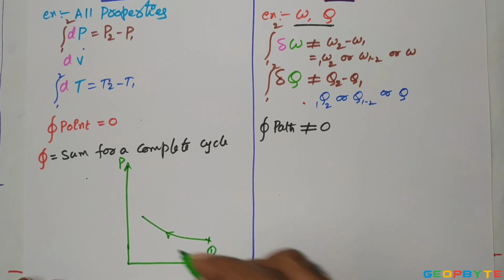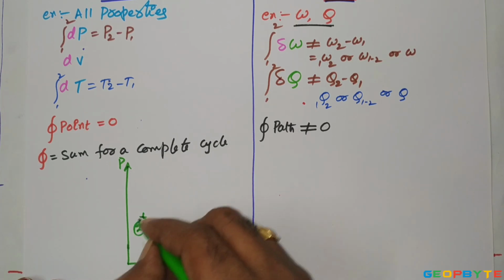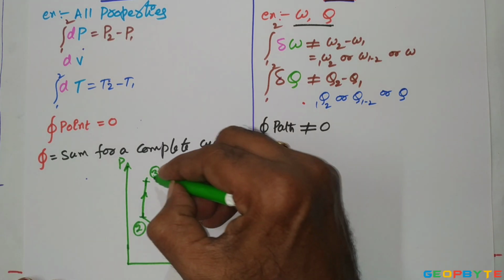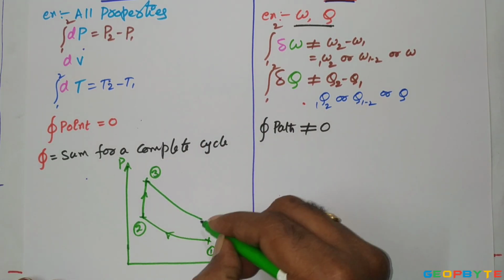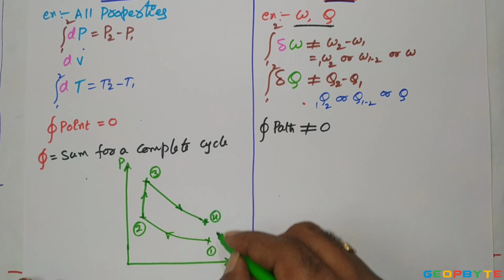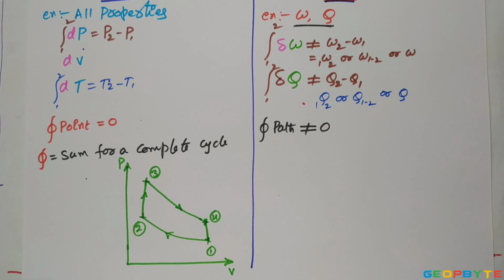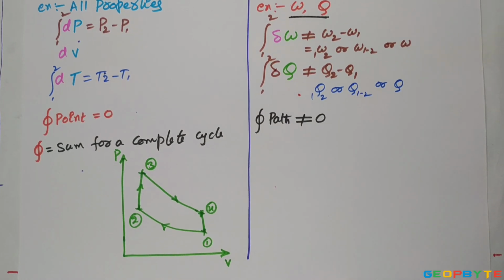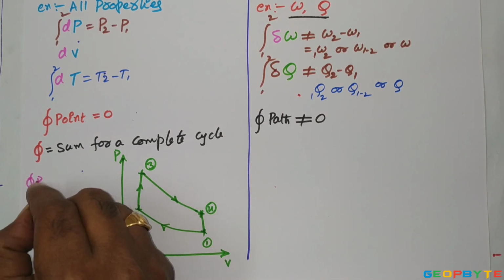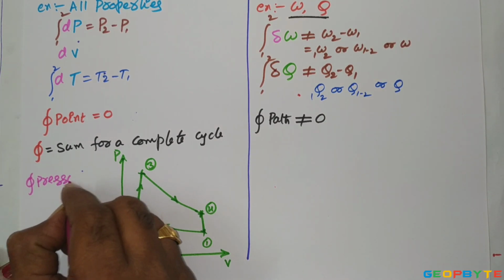Let 1 to 2 be a kind of process, 2 to 3 another kind of process, 3 to 4 one more kind of process, and 4 to 1 the last process. Cycle is completed. As we know, a thermodynamic cycle consists of many processes, but both initial and final states are identical.